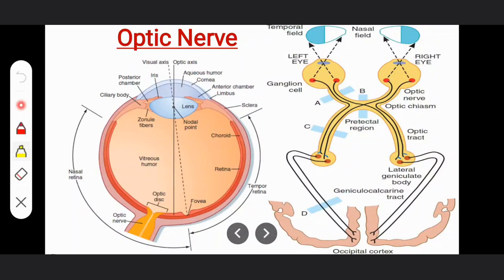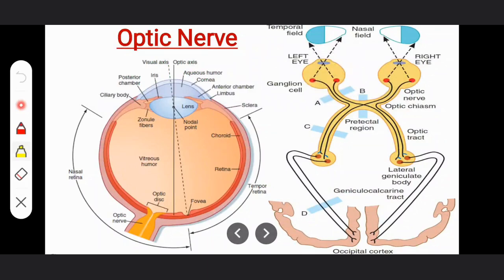constitutes the fibers of the ganglion cells that leave the eyeball at the optic disc. The fibers from the temporal part of the retina are present in the lateral half of the nerve and carry the impulses from the nasal field of the same eye.